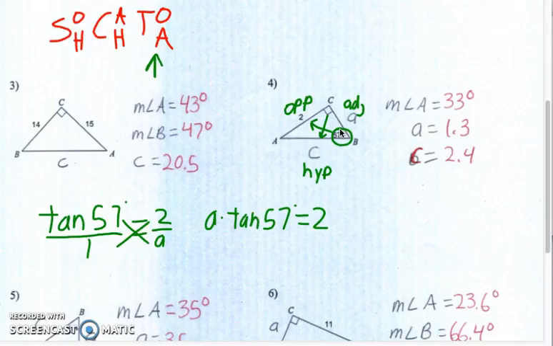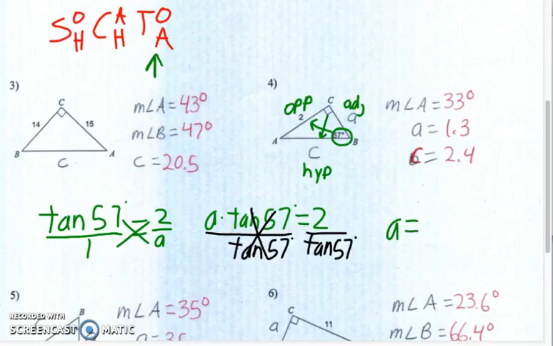We're trying to solve for A, so let's divide both sides by tangent of 57 degrees. These will cancel out, so we will have A equals 2 over tangent of 57 degrees.